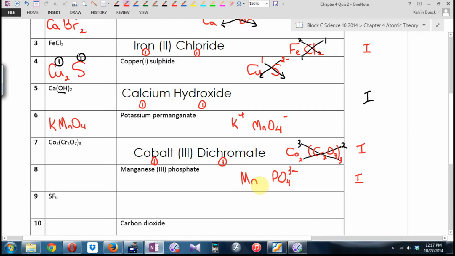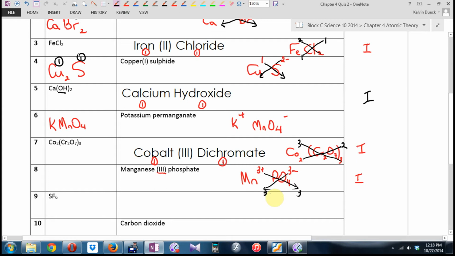And manganese is multivalent. Oh, they want me to use that charge there, so I put a 3 plus there. Oh, this will work out great. When I crisscross, there's going to be a 3 there and a 3 there. Now, if I have a 3 and a 3, do I write 3 and 3, or what do I do with those?